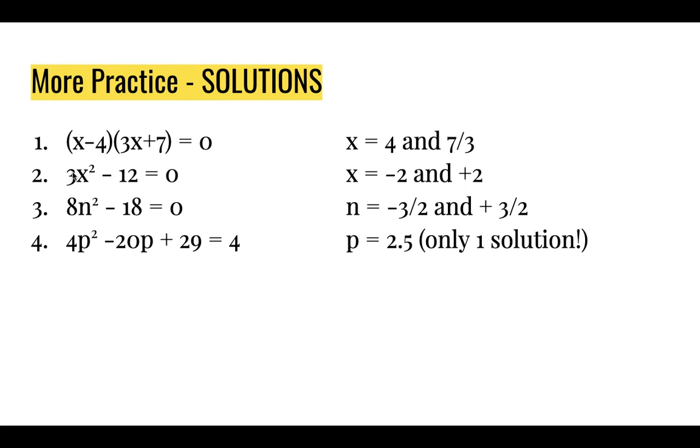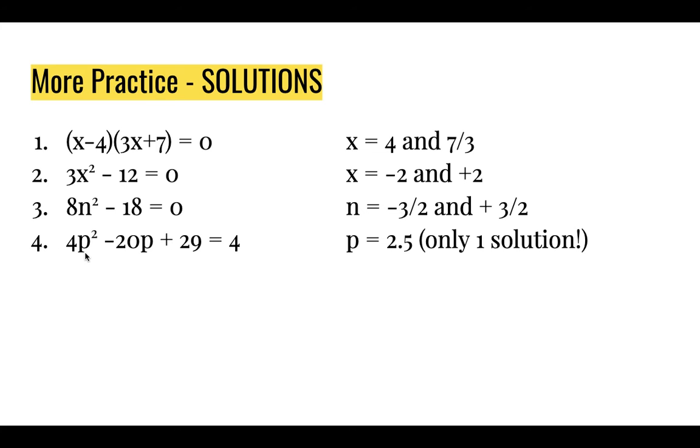If you take out a 3, you get 3 times x squared minus 4, and x squared minus 4 can be factored into x plus 2 times x minus 2. And this would be similar. If you take out a 2, you get 4 and 9, and that's a difference of squares. So your solutions will become negative 3 halves and 3 halves.